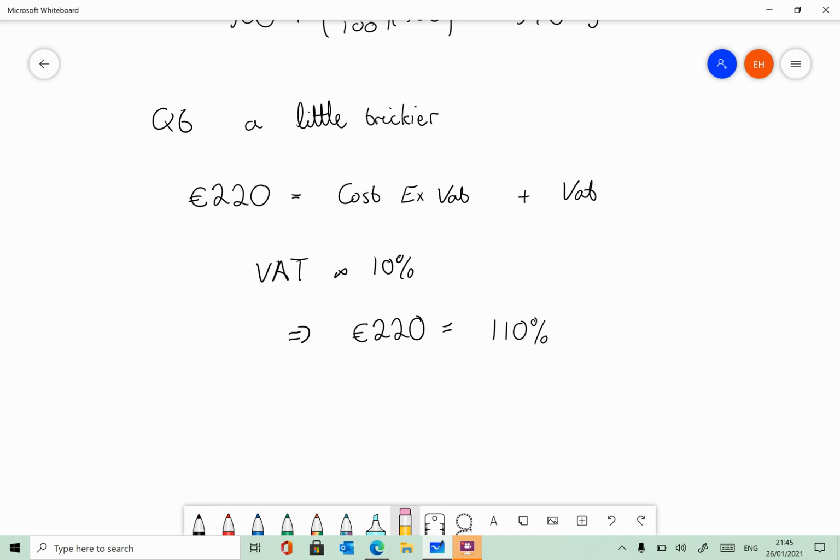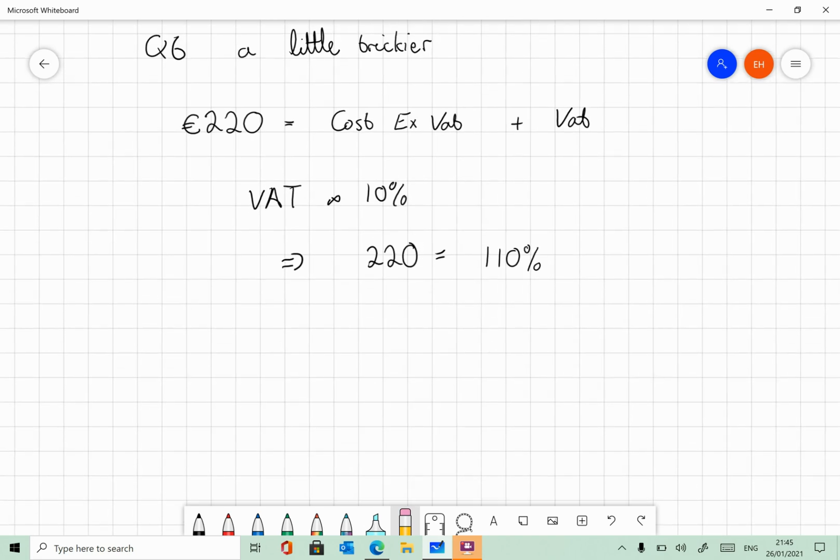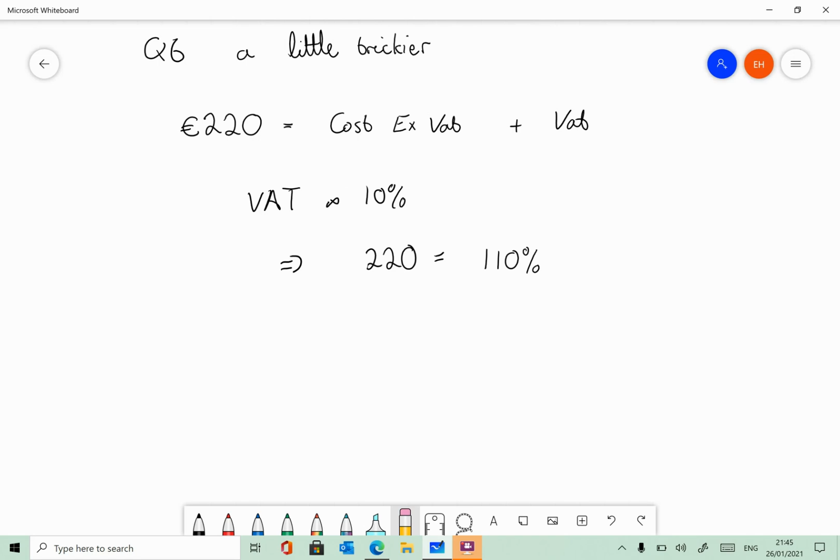Okay, so 220 is the same as 110 percentages. Because we've added the VAT on, and the VAT was 10%. So the price used to be 100%, and we've added 10% on, so it's now 110%. So 110% corresponds to €220.